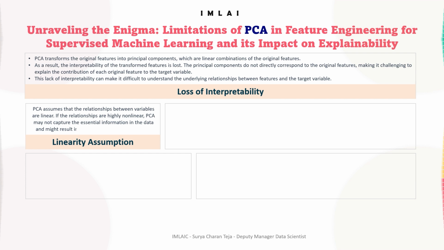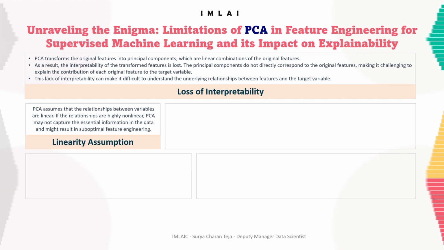You will get some principal components, but you'll get suboptimal results. So before you do that, you have to make sure, plot some scatter plots, and understand whether the relation is highly linear or non-linear. If it is non-linear, I would say not to use PCA.